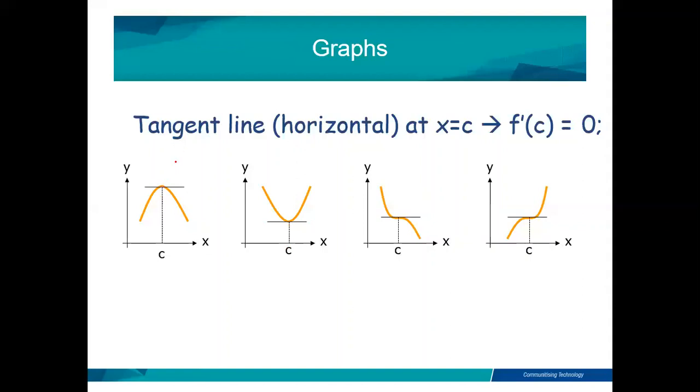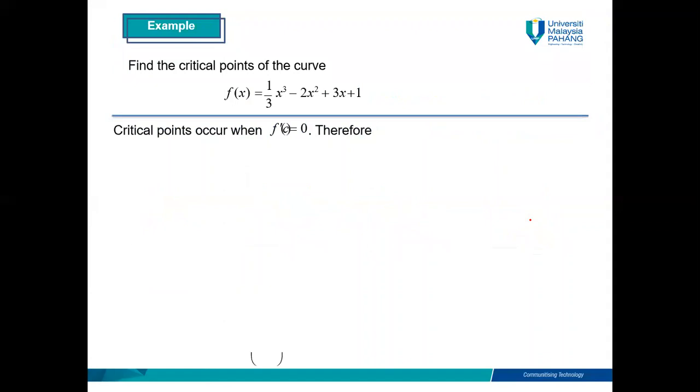For maximum and minimum, the tangent line is horizontal at the point. Here, this one is the same, a tangent line at a point of a function. Next, let's see the example.